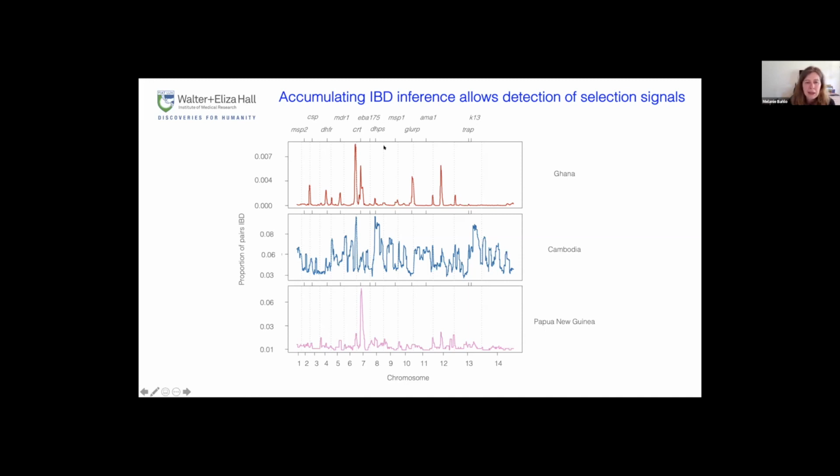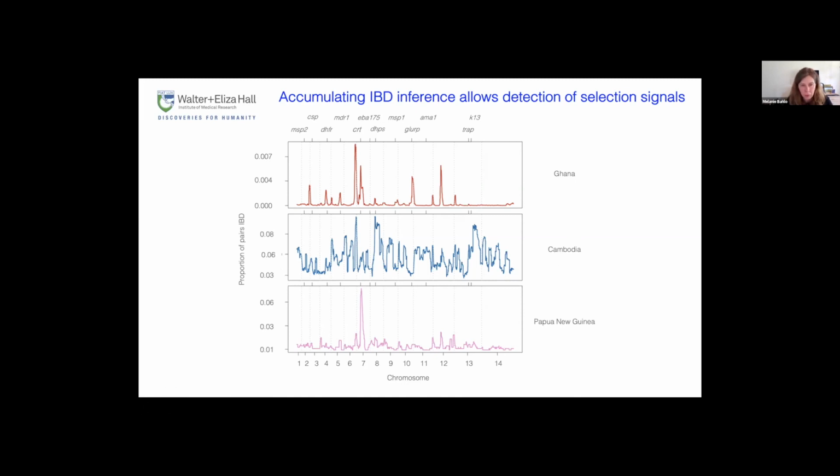What we can see in different countries here is that some countries have very strong signals of selective pressure, where the pathogen has reacted to this ongoing exposure to the drug to become clonal for resistance markers, for resistance alleles, leading to a decrease in efficacy of the drugs.